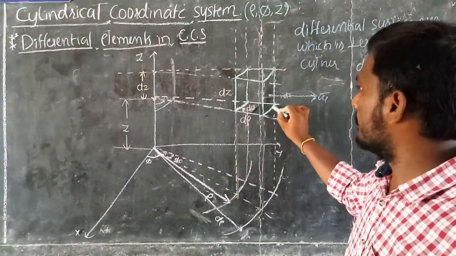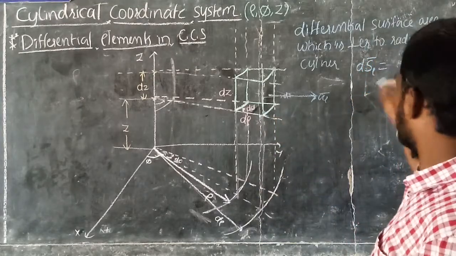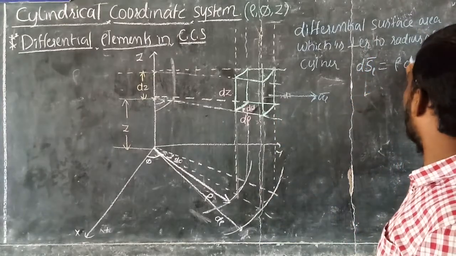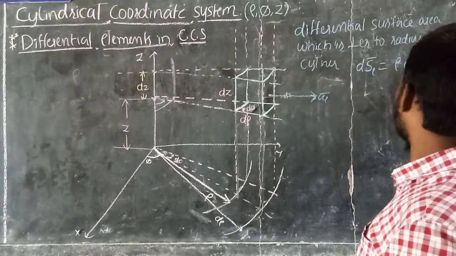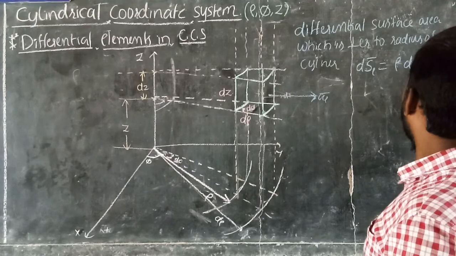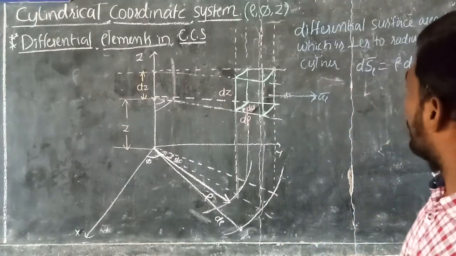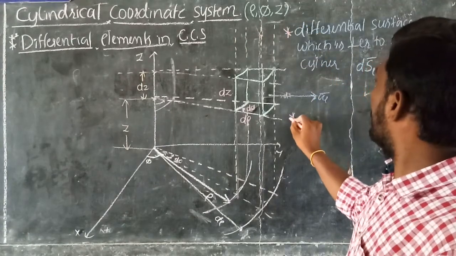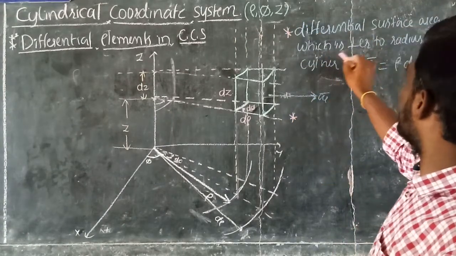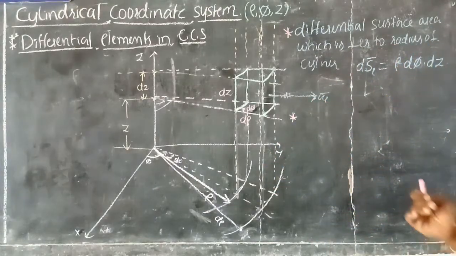This length is rho d phi and the height is dz. Now similarly, the differential surface area which is perpendicular to the phi direction, or in the direction of phi.